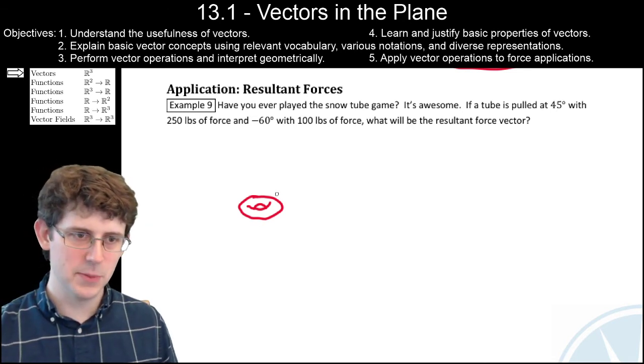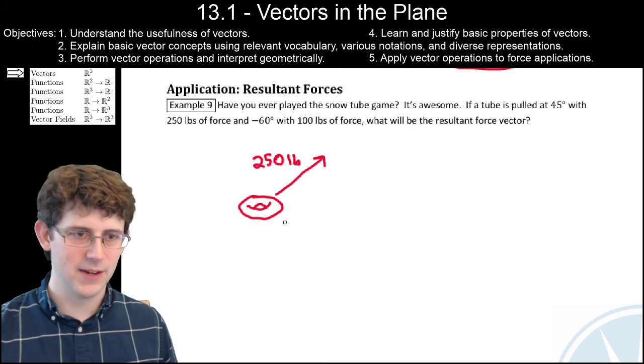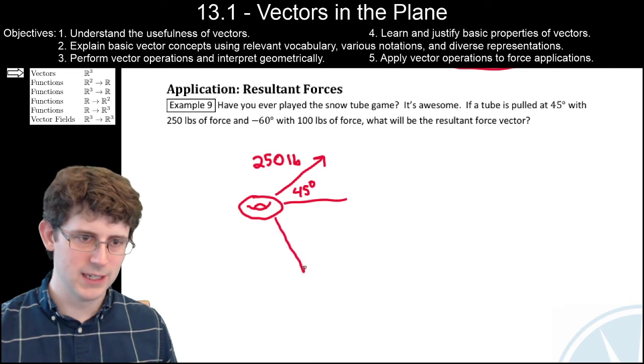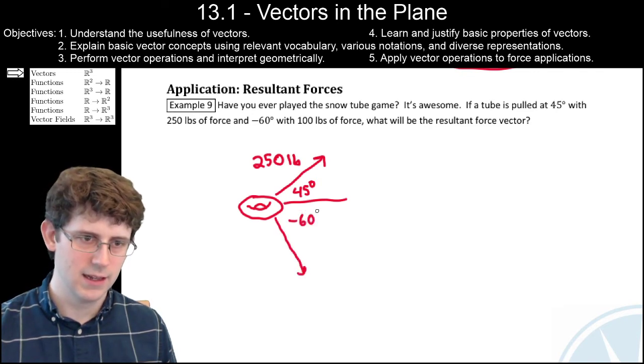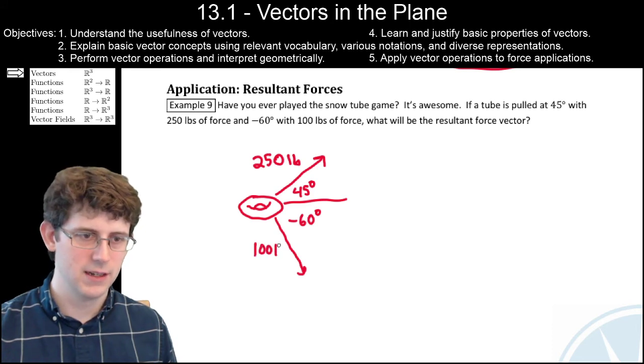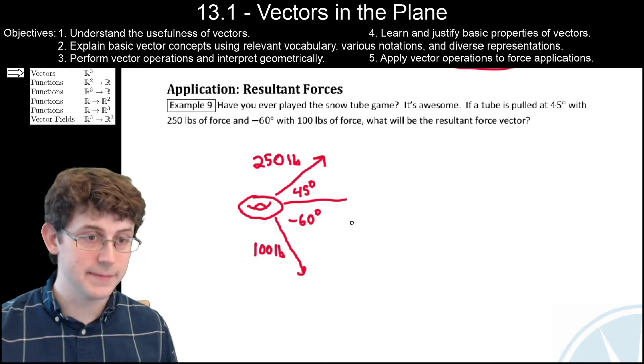And you say you're pulling it this direction with 250 pounds of force. And then also at minus, so here's 45 degrees. And also someone is pulling this way with 100 pounds of force. Then which way is the tube being pulled?